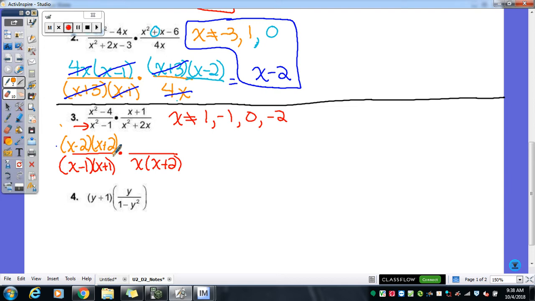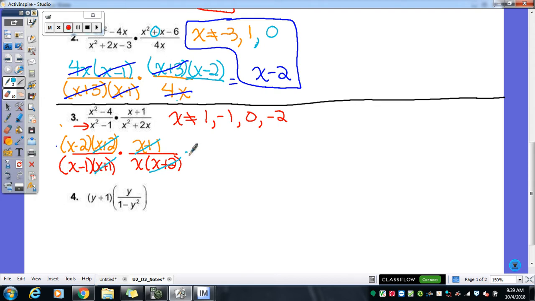No. That stays as x plus 1. So now what can we cancel? The x plus 2s and the x plus 1s. Anything else? Nope, the rest of them aren't identical.